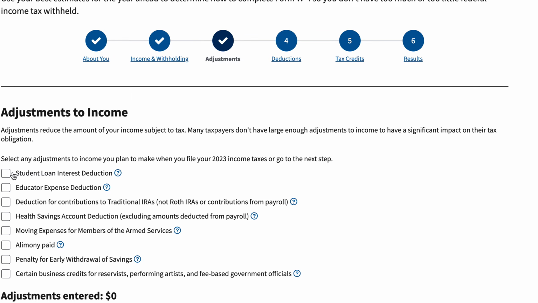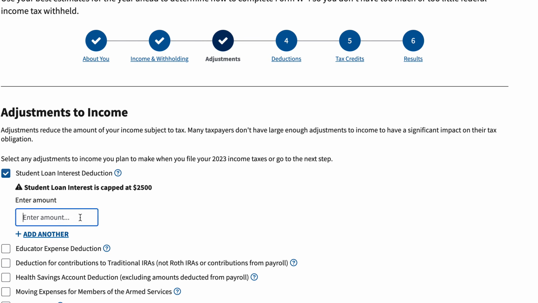So hypothetically, let's say that you're at about $60,000 of AGI, or adjusted gross income. If you went back and entered a student loan interest deduction of $1,000, that $60,000 AGI would now become $59,000.